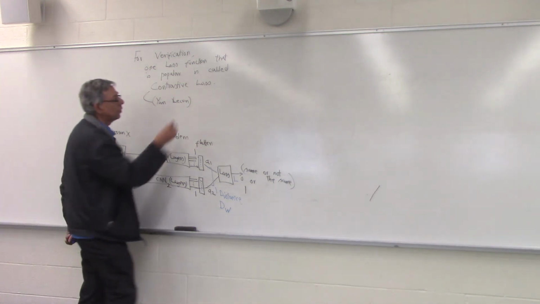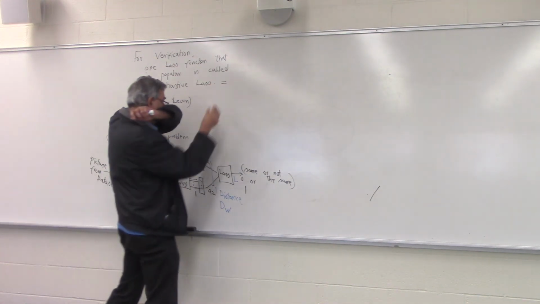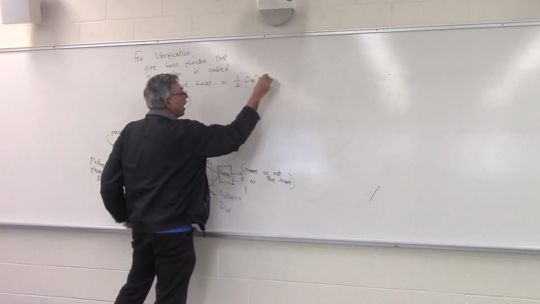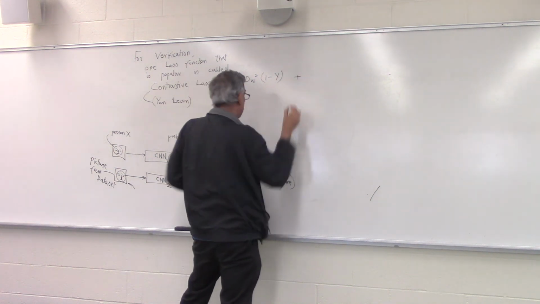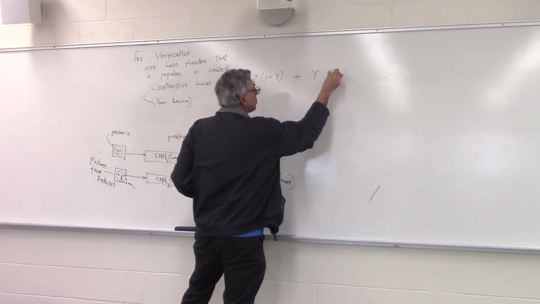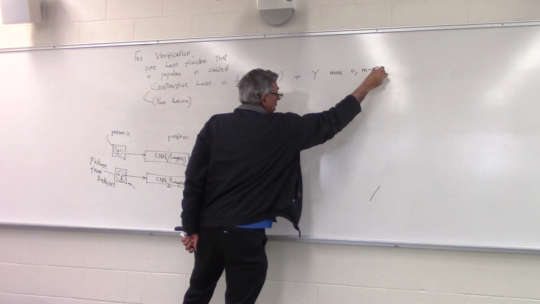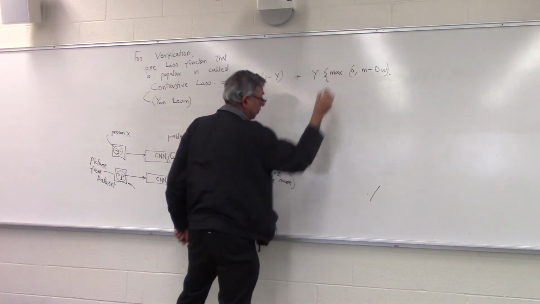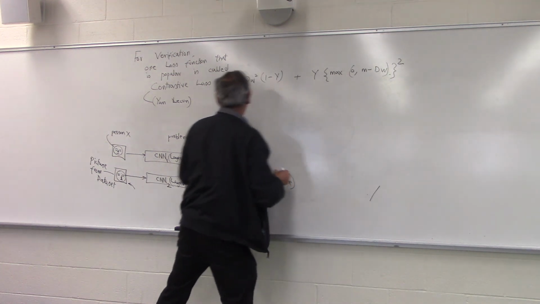Okay, so what does this contrastive loss look like? The equation goes like this: L equals half dw squared times (1 minus y), plus y times max of 0, m minus dw, squared.